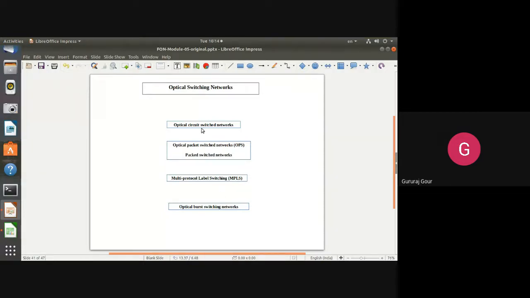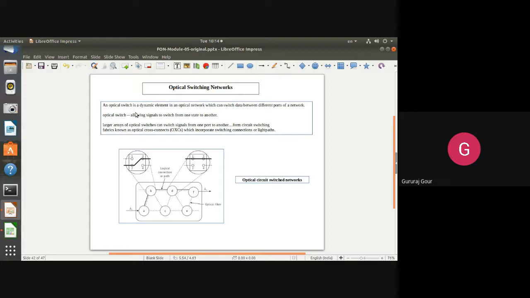If you go deeper, we get two more subtypes: multi-protocol label switching (MPLS), and the generalized one, also known as GMPLS, generalized multi-protocol label switching. That also we can discuss. And at the end, we are going to conclude today's session with optical burst switching networks.